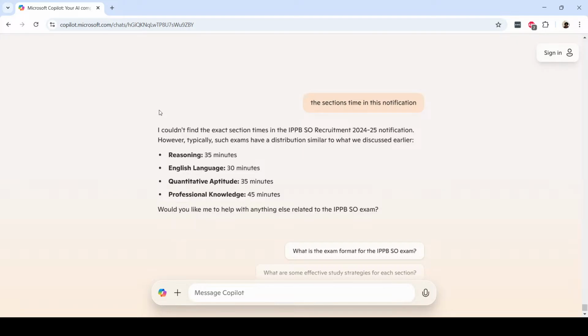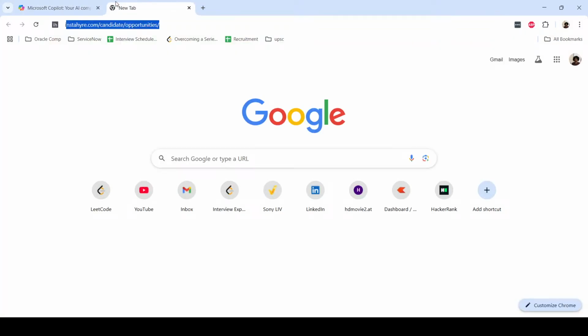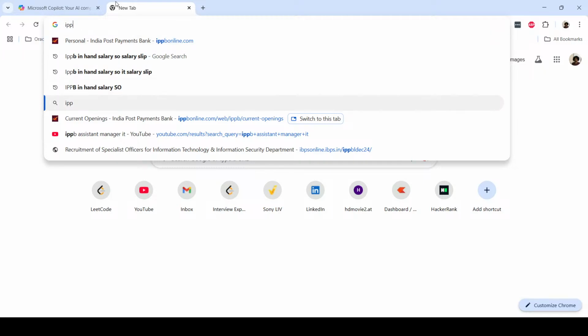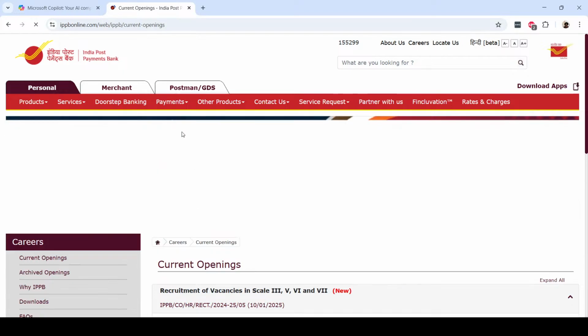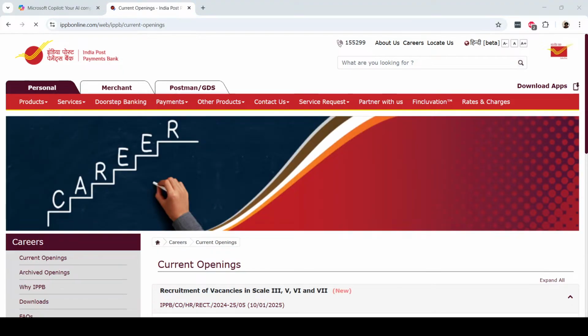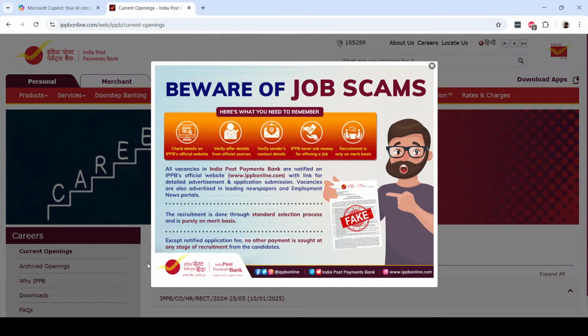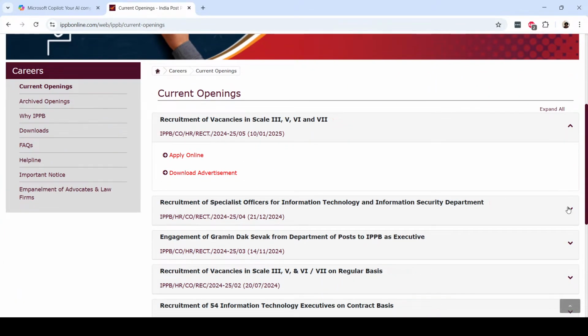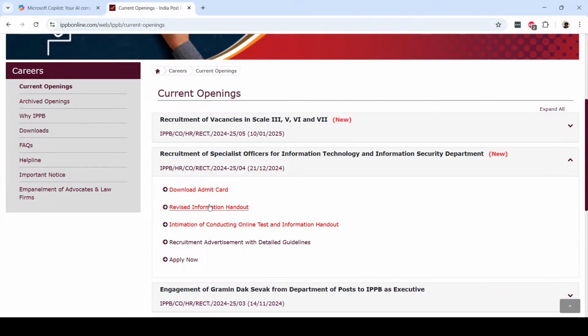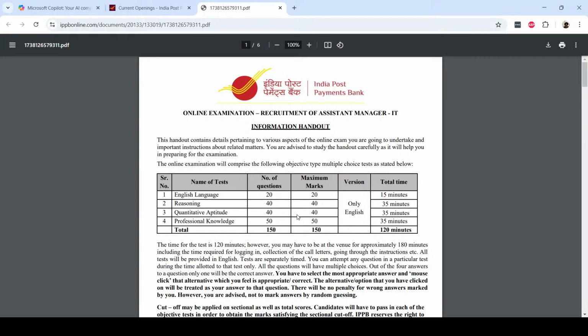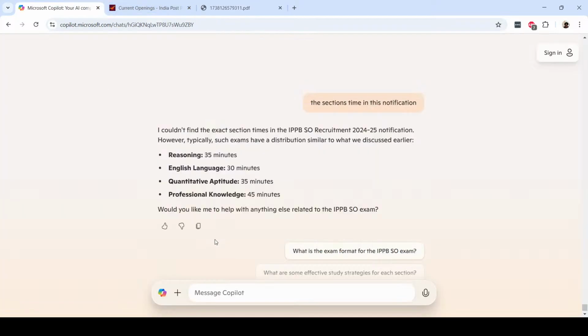Okay, then let's check IPPB current openings. Here if we go to the SO and information handout, we have a total of 120 minutes, but the questions are also fewer. And what questions have we asked?